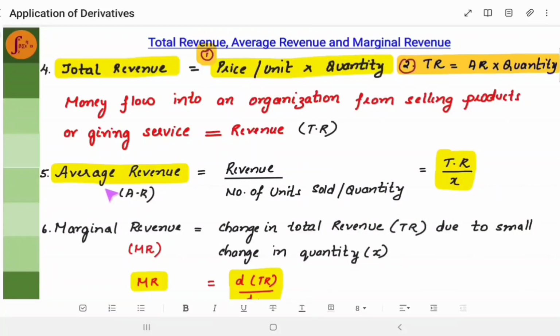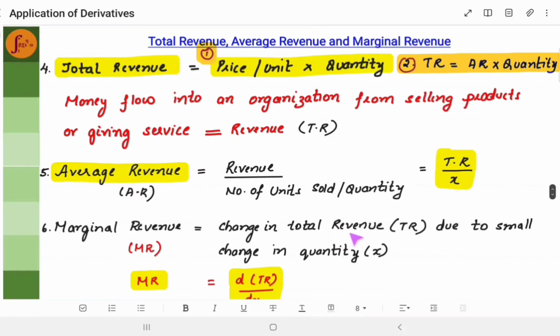If you have to find the average revenue, that is per unit, then it is revenue divided by the total number of units sold. Marginal revenue, again, is the change in revenue due to a small change in quantity. It's similar to marginal cost. Here we are finding the change in revenue when we make a small change in quantity.